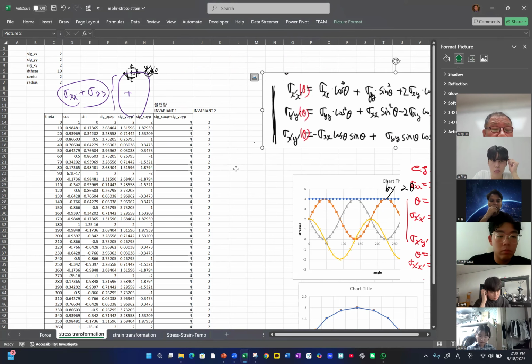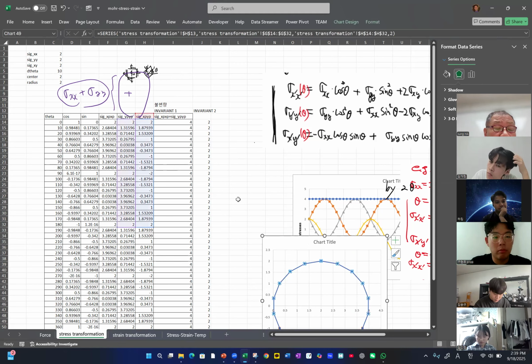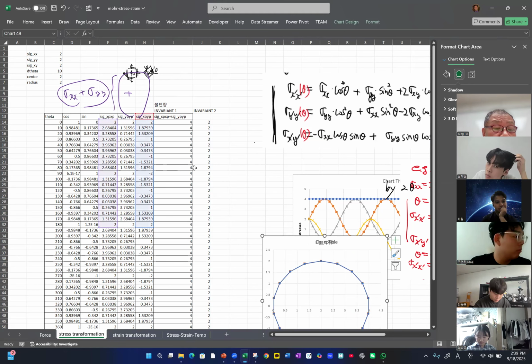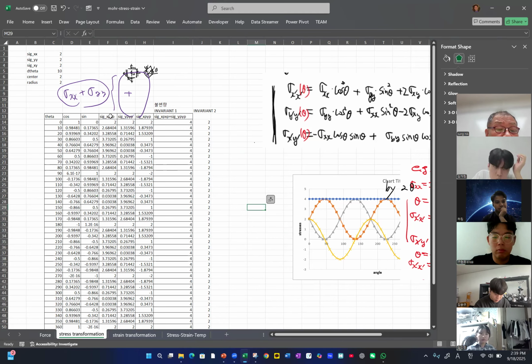Now, another very interesting observation we can make is that I just plot here, okay, let's try to plot sigma x prime. Why am I stuck?